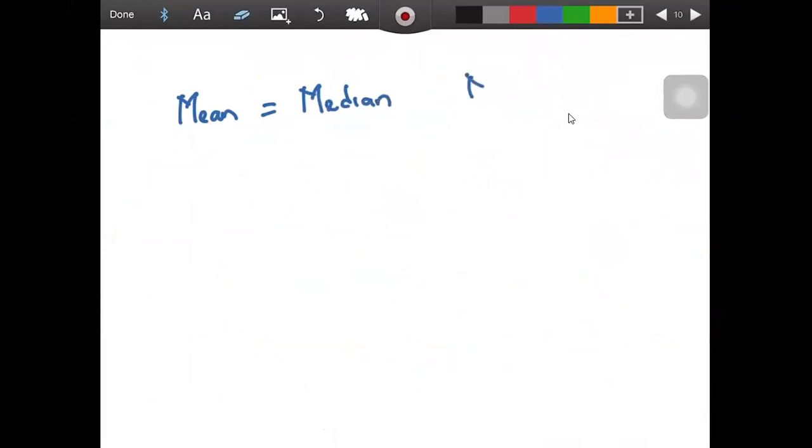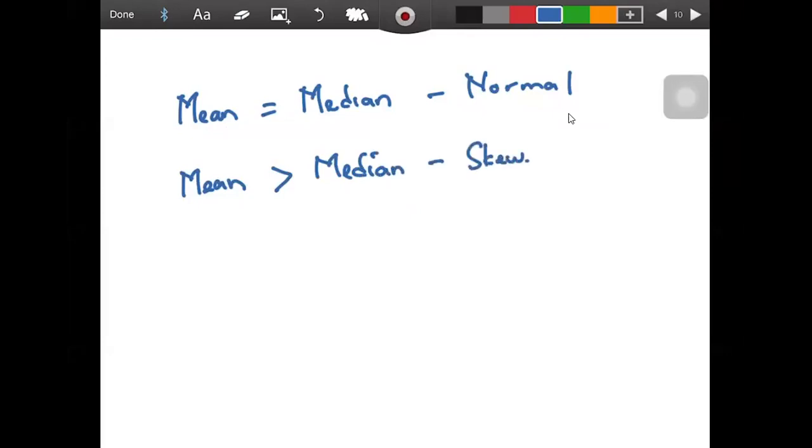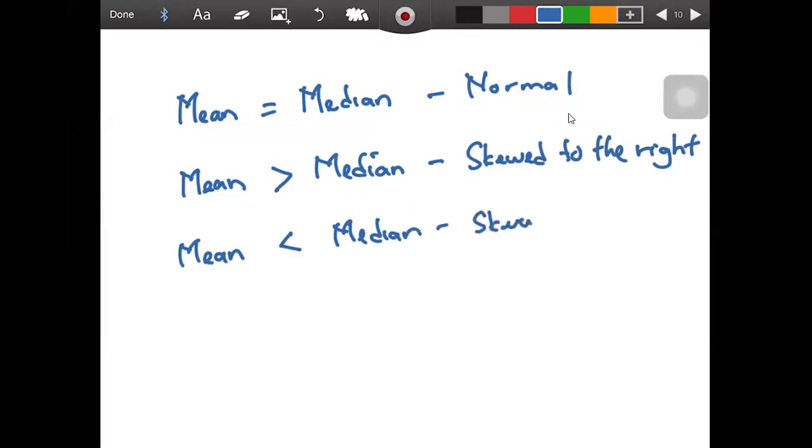If mean is more than median, it is skewed to the right, because the mean is on the right of the median. If the mean is less than median, it's skewed to the left.